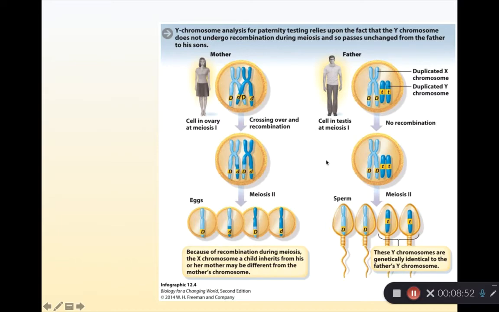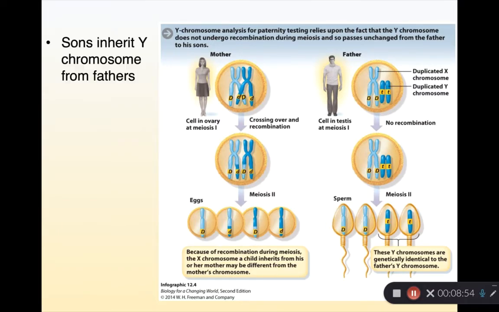So what does that mean when we're talking about the Y chromosome? Well, because sons always inherit that Y chromosome from their fathers, we're able to compare the DNA sequences, but you can see here that there's no recombination possible between the X chromosome and the Y chromosome.